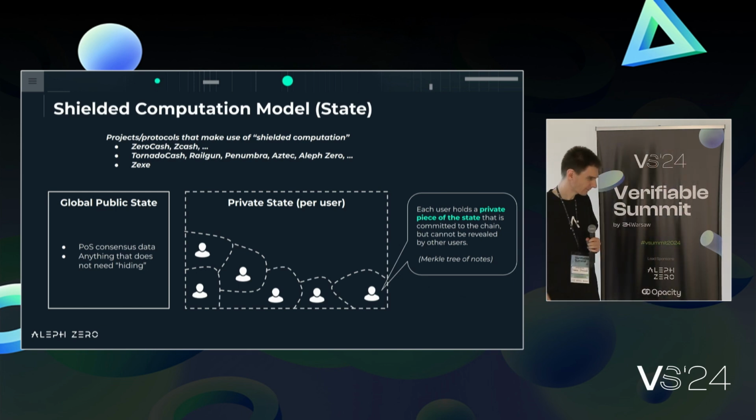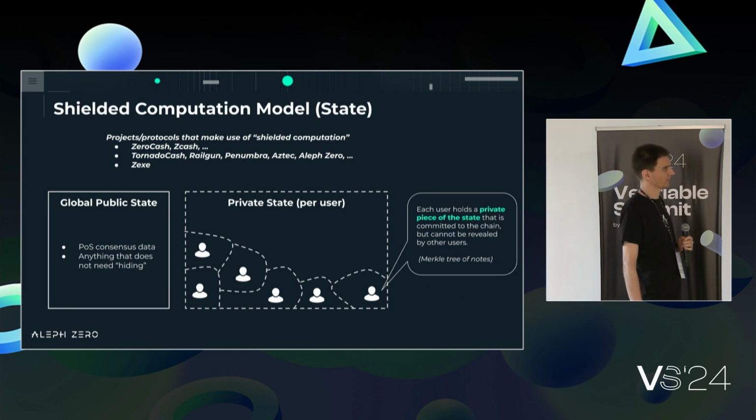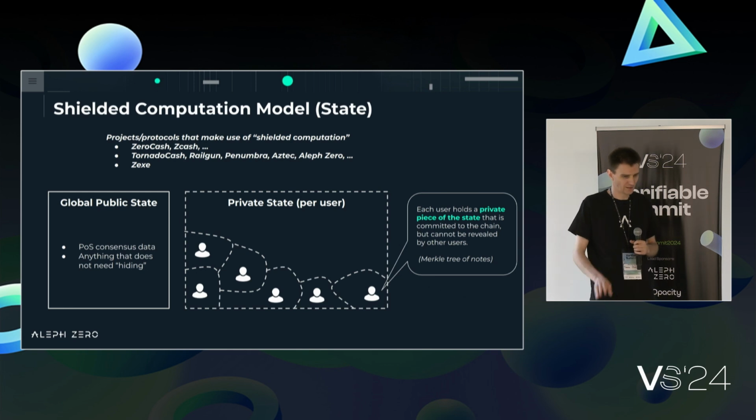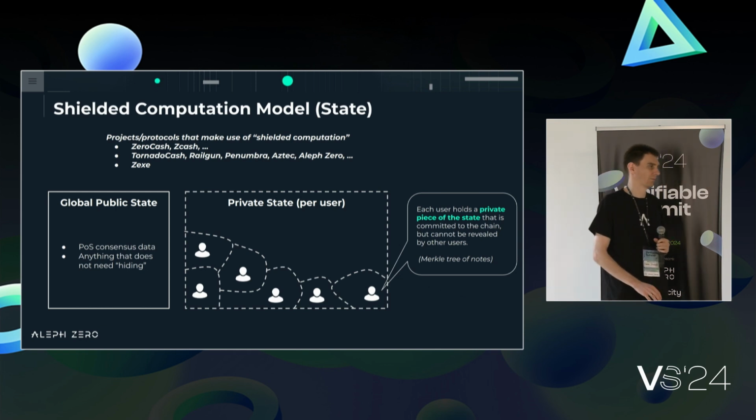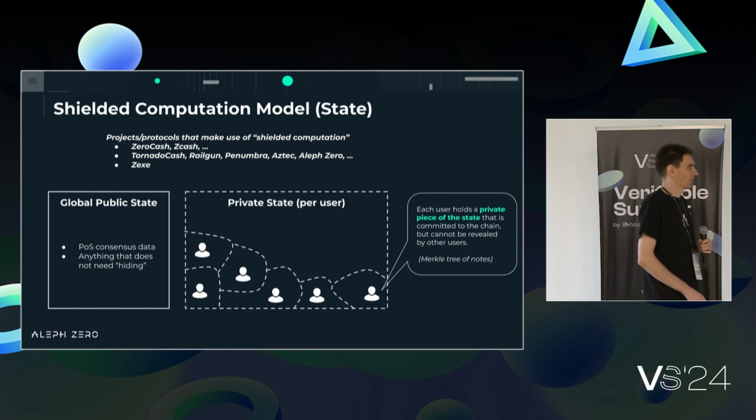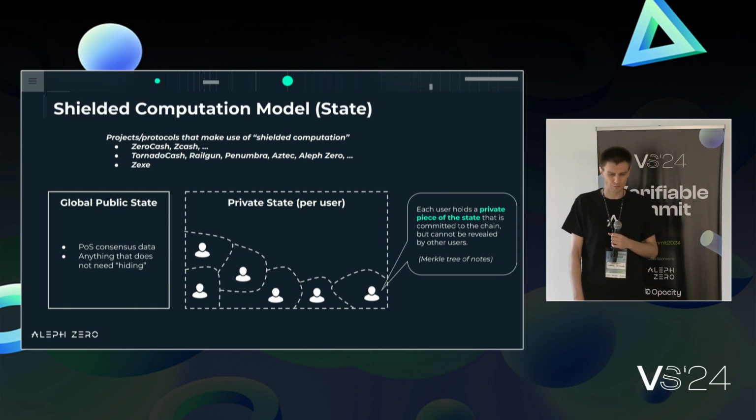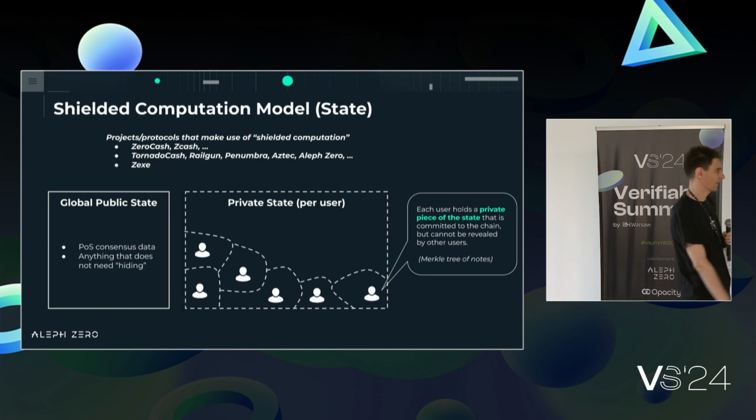Okay? So, long story short, all these protocols work roughly the same. There are subtle differences between them, but the overall model is the same. Great, so what's this model? The model is that there are two parts of the state. Global state, this is what you have on public blockchains. Public blockchains are just the global state and everything sits there.